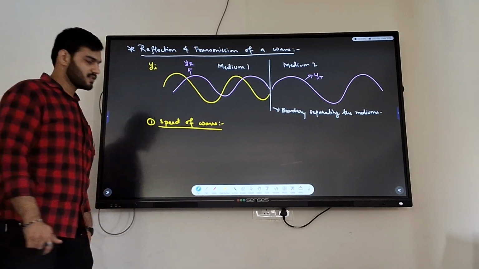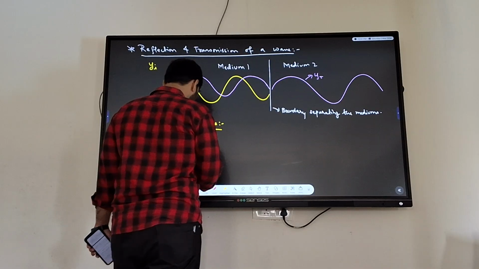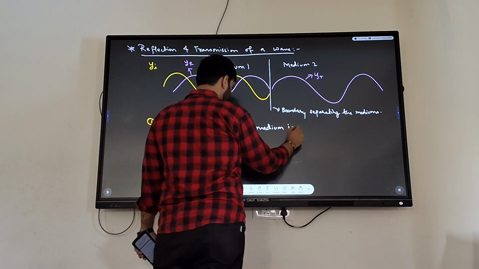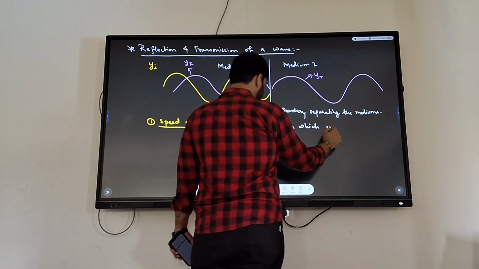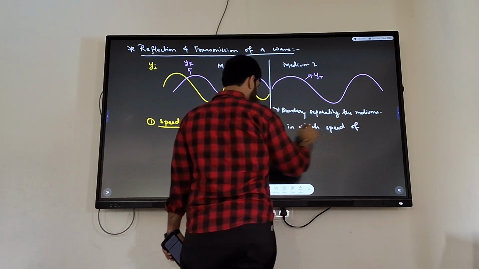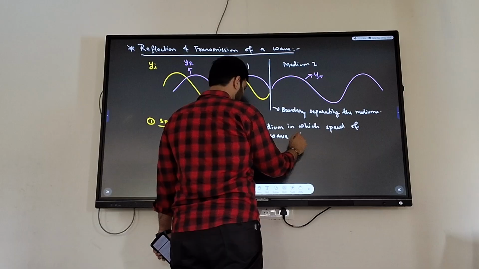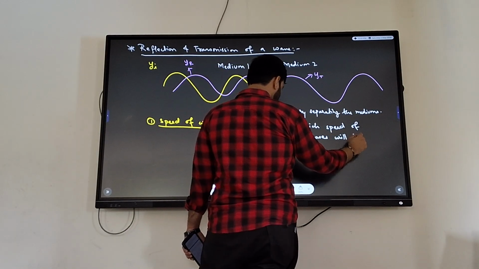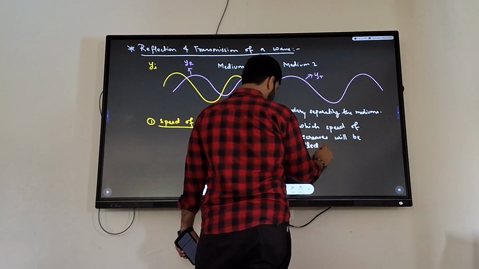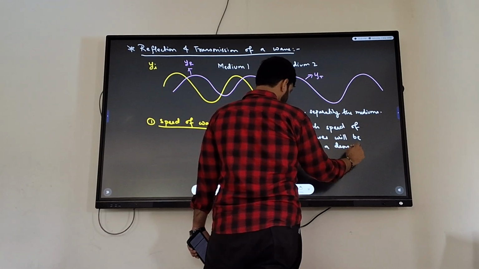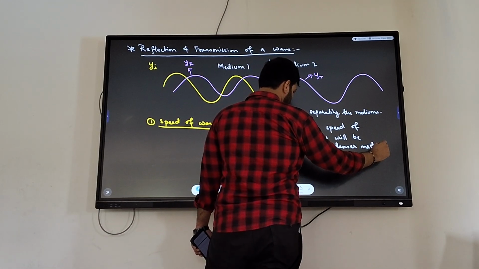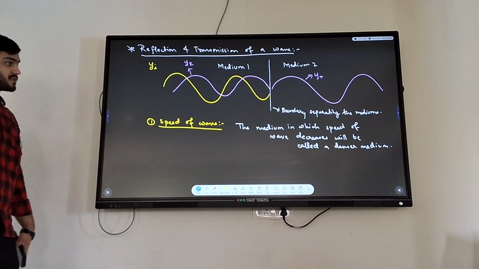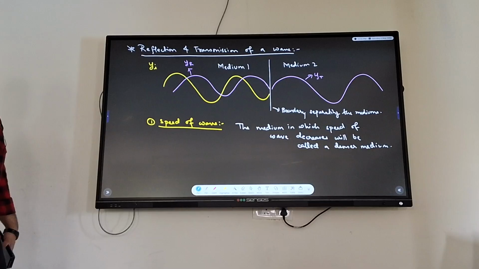So the medium in which speed of wave decreases will be called a denser medium. And hopefully you can write the rarer medium yourself. Try to write it. So we are trying to compare speeds now.